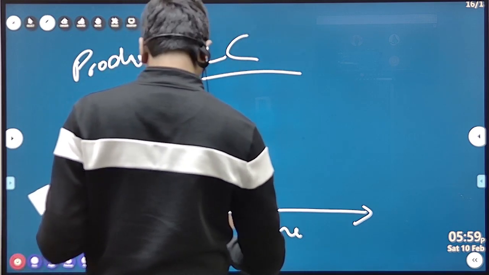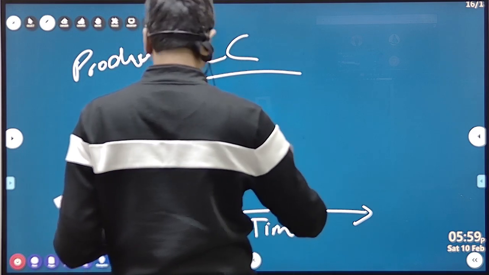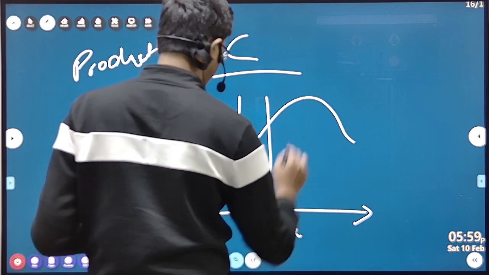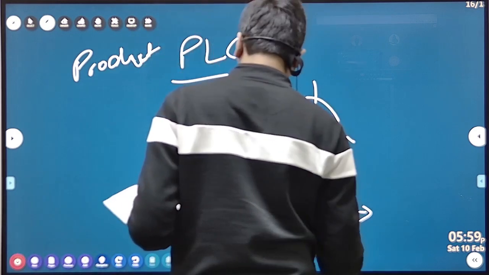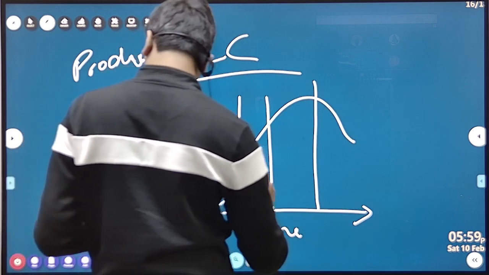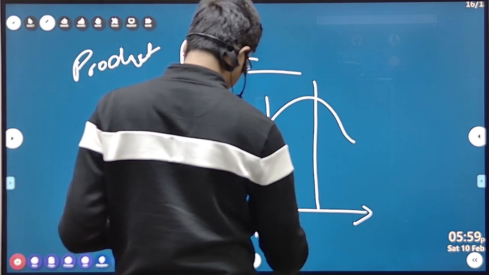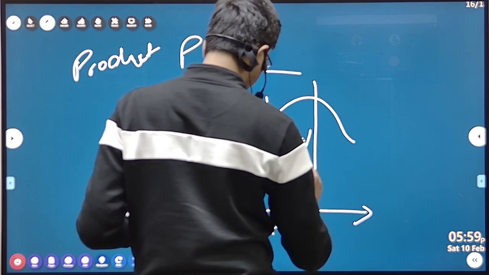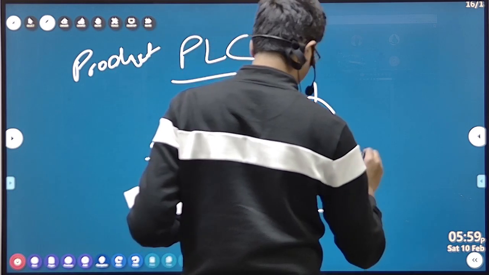It goes in something like this. This is your introduction phase, this is the growth phase, this is your maturity or saturation phase, and this is your decline.